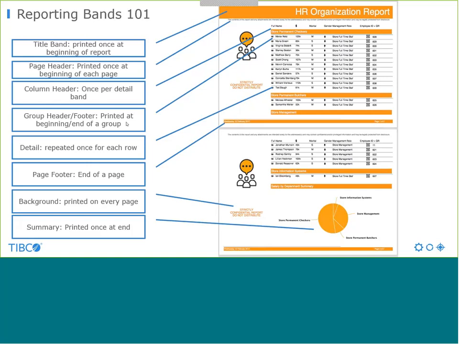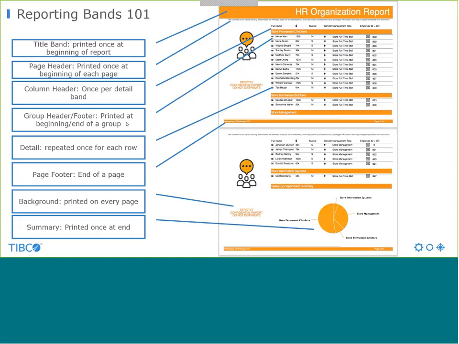Detail. So the detail band is a very powerful band in the data set, but it's got to be used with a really good understanding of what you're doing. That detail band is repeated for each row of data that you bring back.